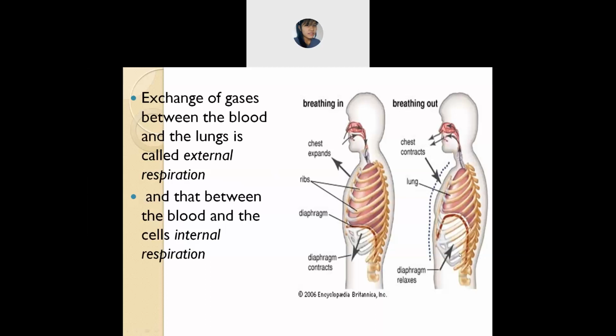And your diaphragm, this is your diaphragm. Understand? It will relax.